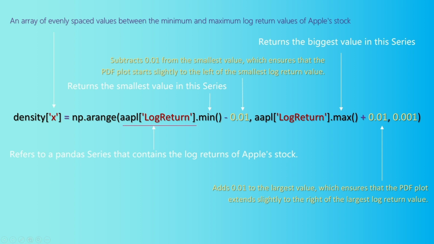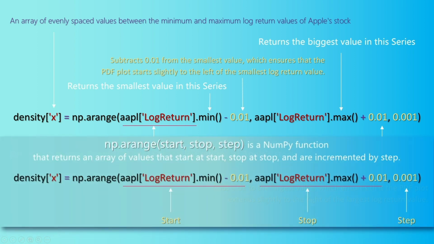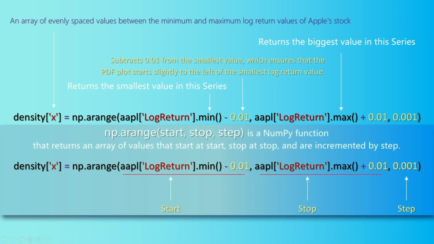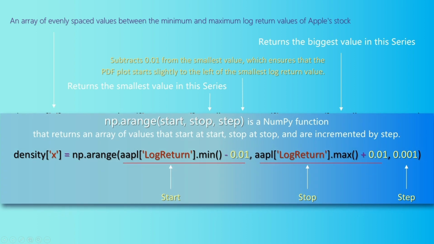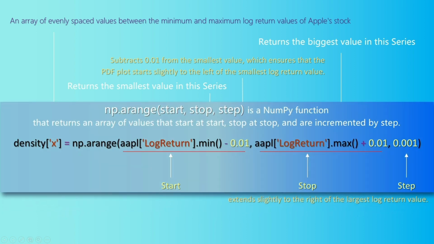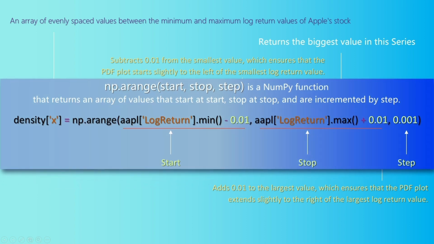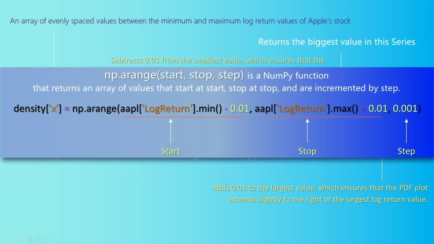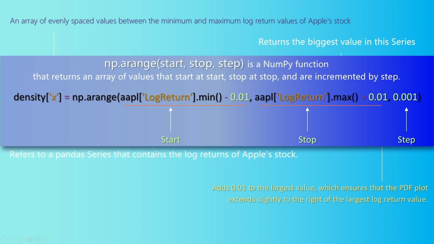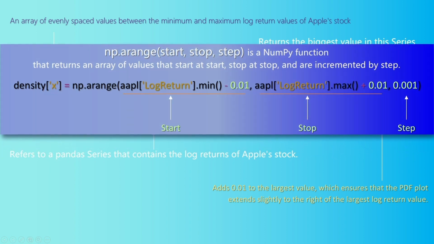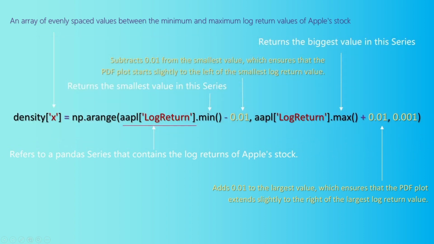So the np.arange(start, stop, step) is a NumPy function that returns an array of values that start at the start, stop at the stop, and are incremented by step. In this case, it creates an array of values between the adjusted minimum and maximum log return values, with a step of 0.001.